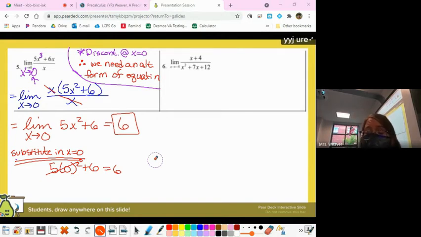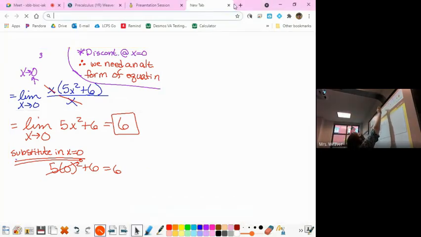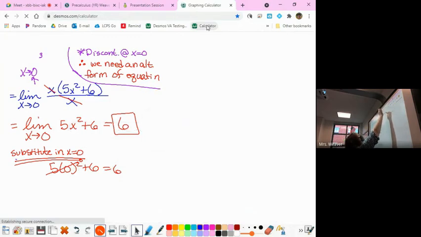The limit equals 6, Valerie, because as you get closer and closer to an x value of 0, the function looks like 6. If we actually pull up a graph of that, I think this is kind of interesting to note. We've got fancy calculators, so let's use them.